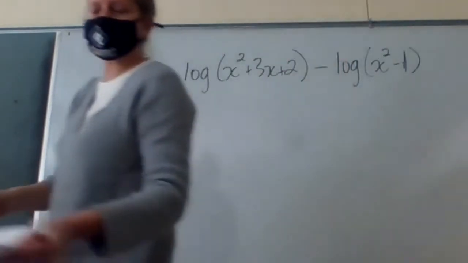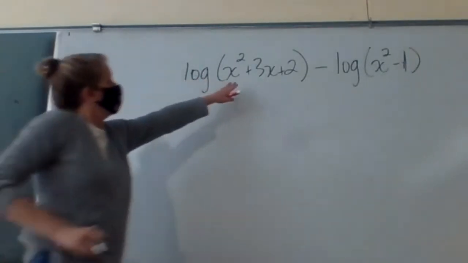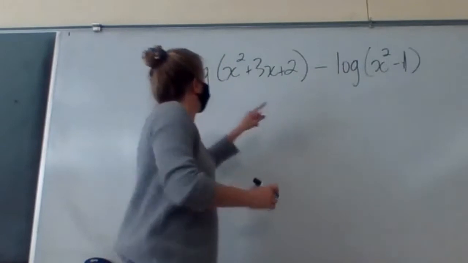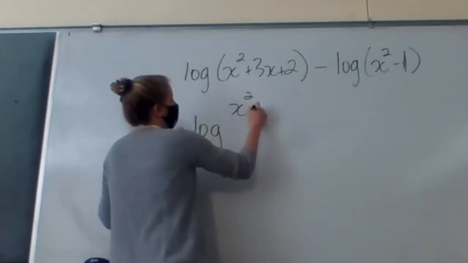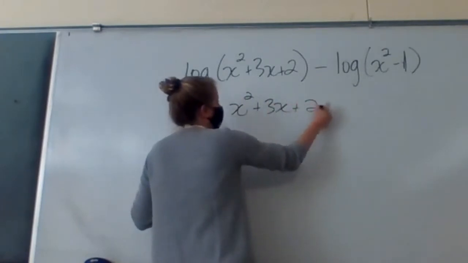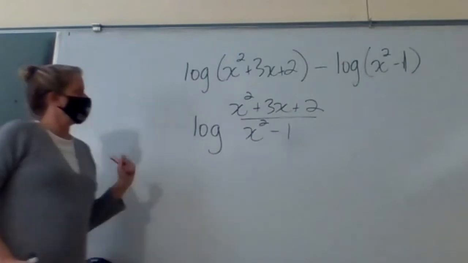So I'm going to do the same thing. I'm going to rewrite this as a single logarithm, putting this one over this one since it's subtraction. So I'm going to have log of x squared plus 3x plus 2 over x squared minus 1.